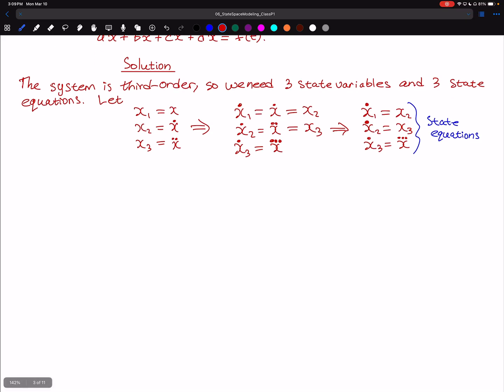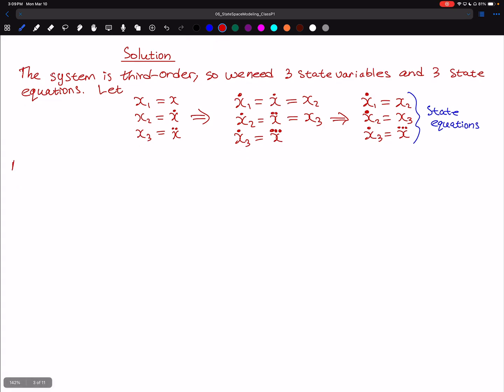Okay, so from here, we're going to take the original equation and solve for x triple dot. So we'll just say, next, we take the original system and solve for x triple dot. We're going to use that to then find out what x3 dot is.